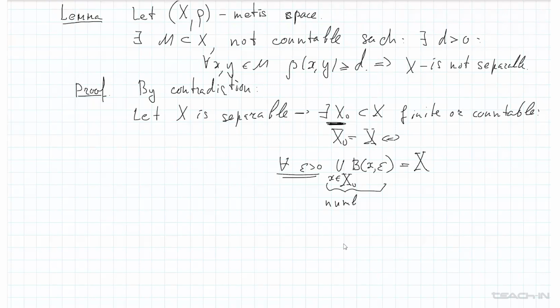The number of balls is just the same as X0, finite or countable. But then we have the set M in the lemma, which is not countable. So what can we say? M is a large set.